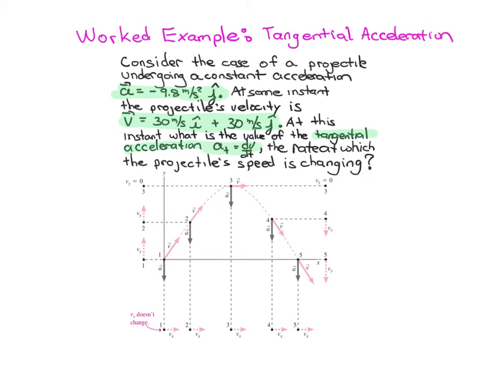So we're talking about a point maybe somewhere right around here in which the velocity has equal magnitude x and y components, each of magnitude 30 meters per second.